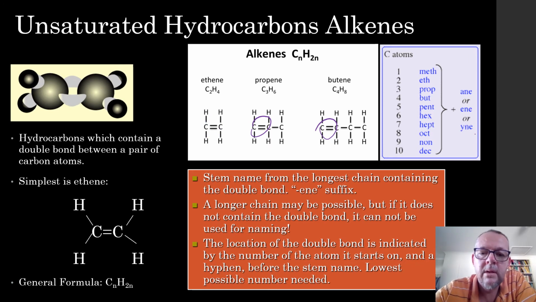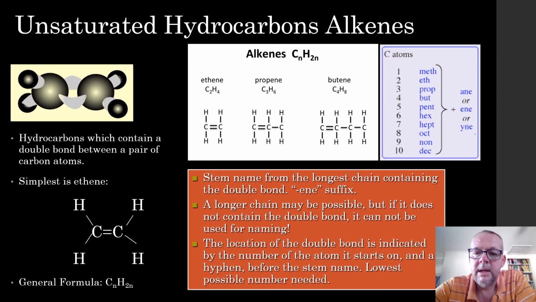Similar naming as the alkanes: ethene, propene, butene, pentene, hexene, heptene, octene, nonene, and decene, for example. So it's the stem name from the longest chain containing the double bond, with the -ene suffix.